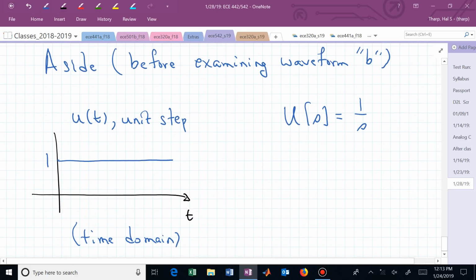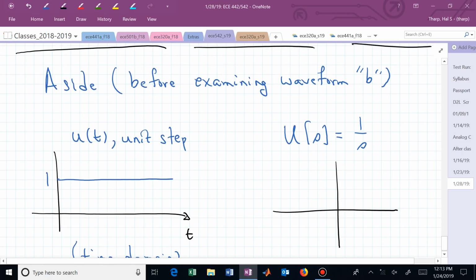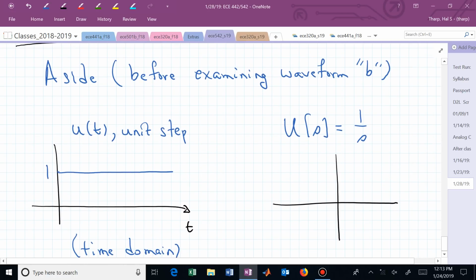What I want to do now is have us think about what the pole-zero pattern looks like for certain common waveforms. In this case, this is the s-plane. Here's the real part of s axis-wise. Here's the imaginary part of s.